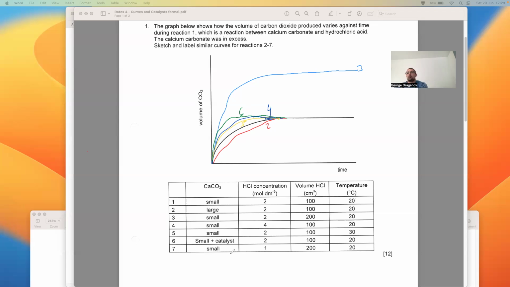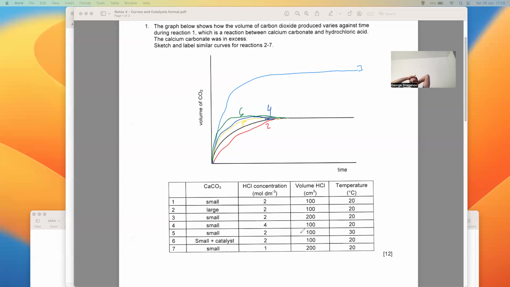And number 7, small, 2, 1, concentration was halved. Volume of HCl though was doubled. Temperature the same. So this is another one that's interesting. They've halved the concentration, but they've doubled the amount of HCl.